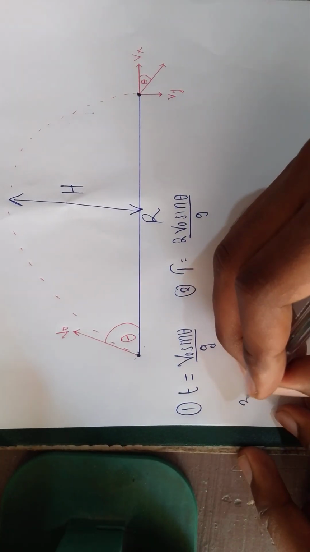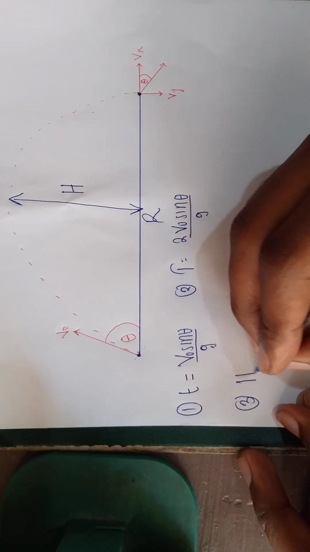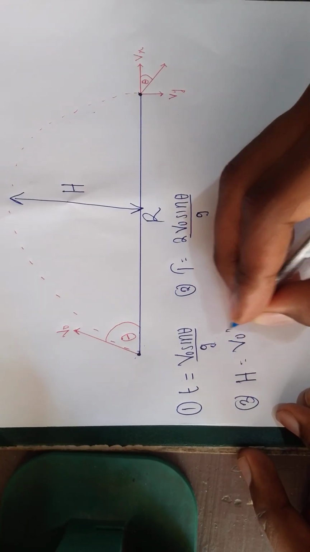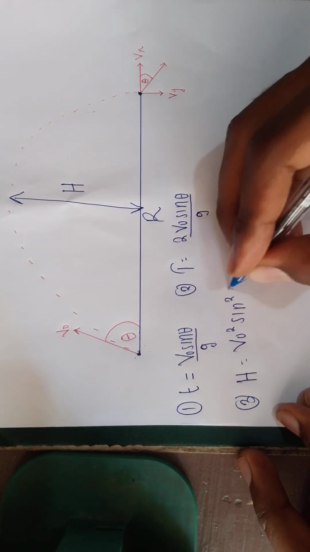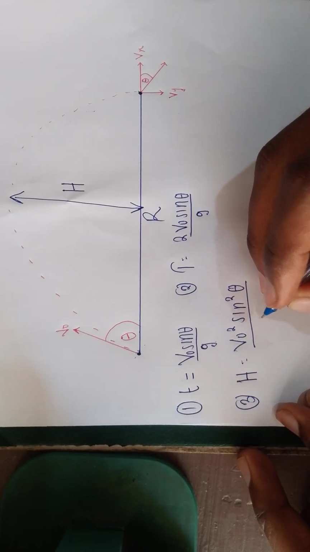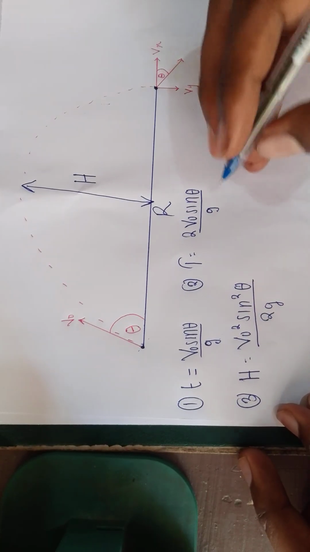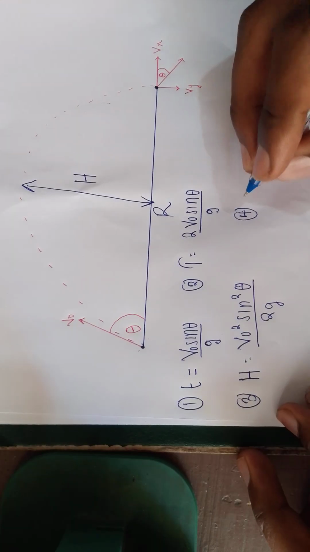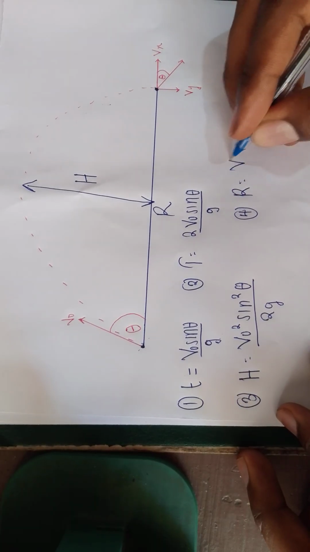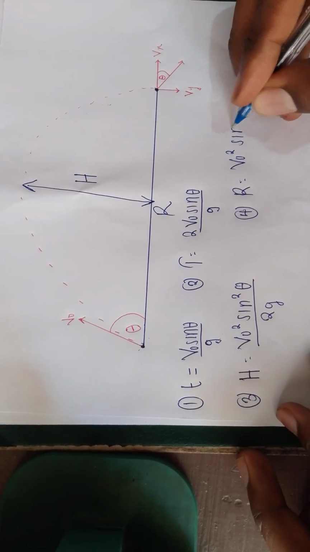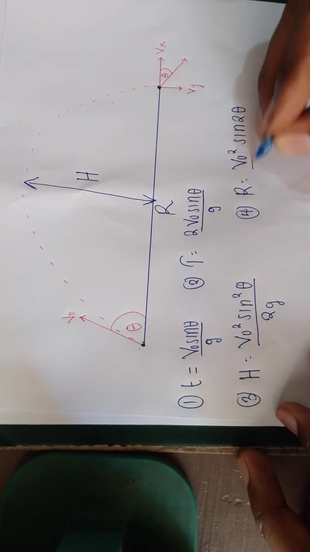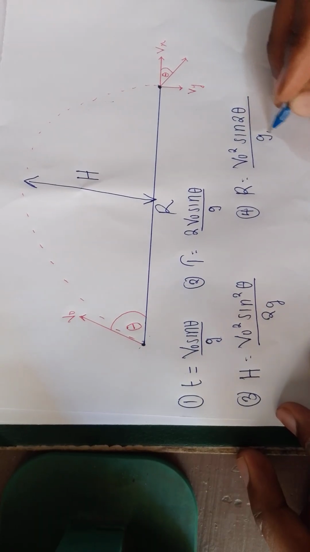The other equation you're supposed to know under this sketch is for the maximum height, which is given by V0 squared sine squared theta divided by 2g. Then the equation for the horizontal range is given by V0 squared sine 2 theta divided by g.